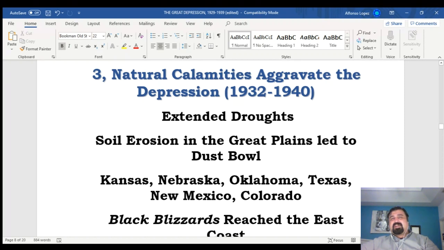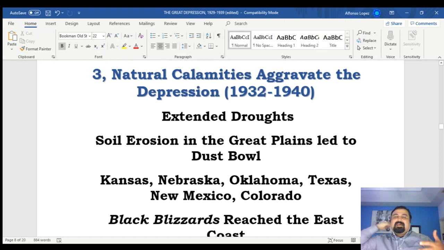So the farmers in the United States that had that technology, the farmers that had access to electricity, to machinery, to water pumps, irrigation systems, they're going to have some success in producing food. But farmers in the United States that did not have access to that technology, or farmers around the world, are going to have a tough time. So there's a food shortage. The food supply is going to come down as well.